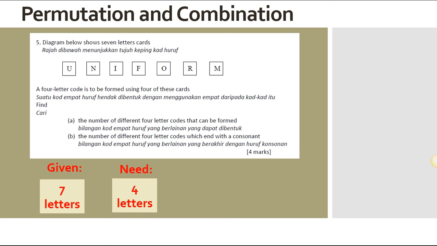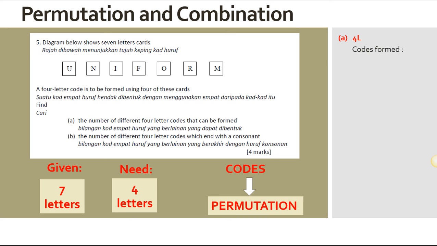Now this is a question on permutation because you can see the word codes there. The code consists of 4 letters, chosen out of 7 letters, so the number of codes formed will be 7P4, which gives you 840 different codes.